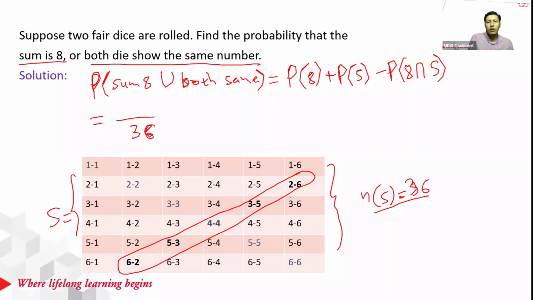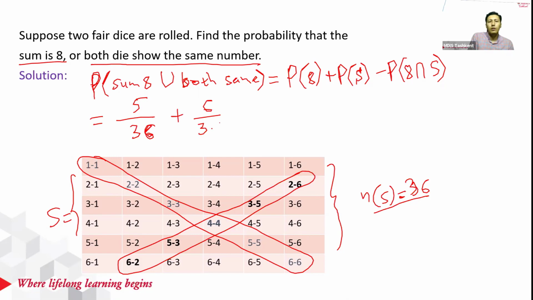So 5. Plus both same: 1, 2, 3, 4, 5, 6, so we have 6 elements.